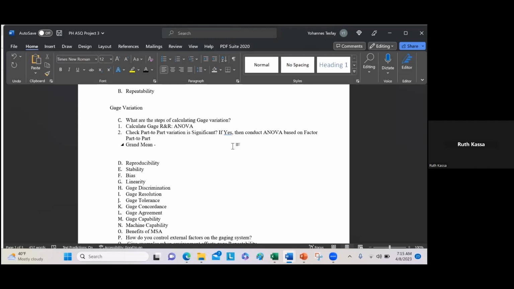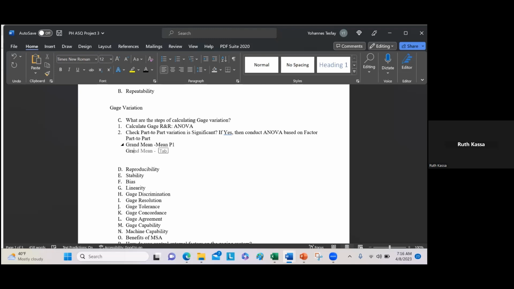grand mean minus the parts, or actually grand mean minus the mean of part 1, just like that.